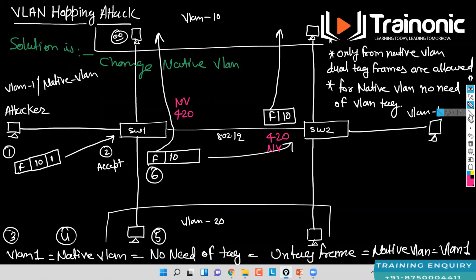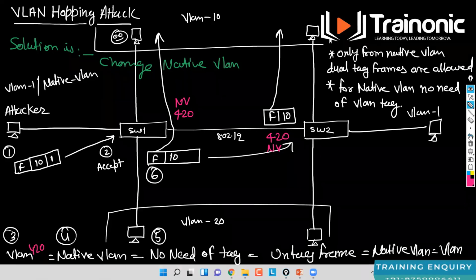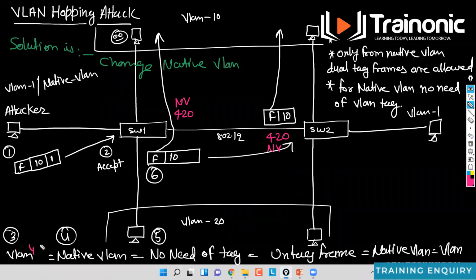Now VLAN 1 is not native. VLAN 420 is the native VLAN.